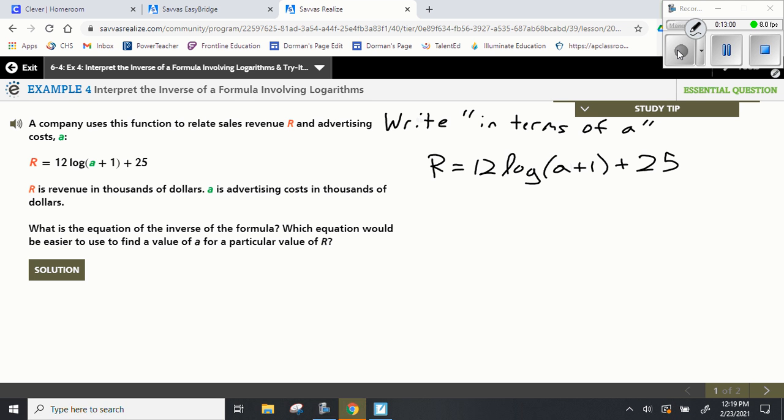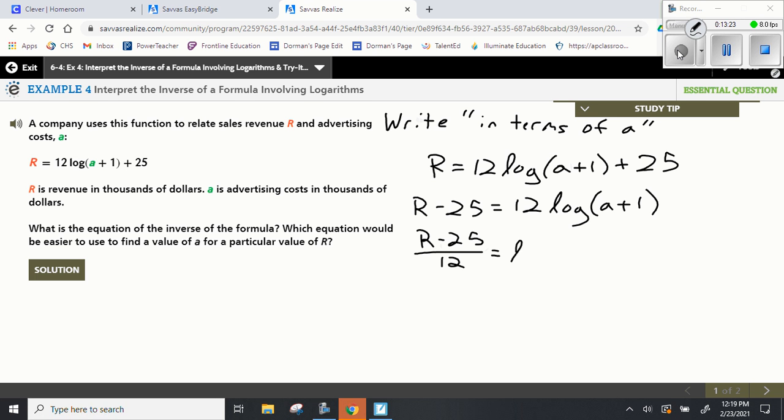So if we solve this for A, we're going to have R minus 25 equals 12 log base 10 of A plus 1. And we'll divide both sides by 12, so we'll have R minus 25 over 12. The solution is going to be the same for writing this in terms of A. Now we've got to write it as an exponential.